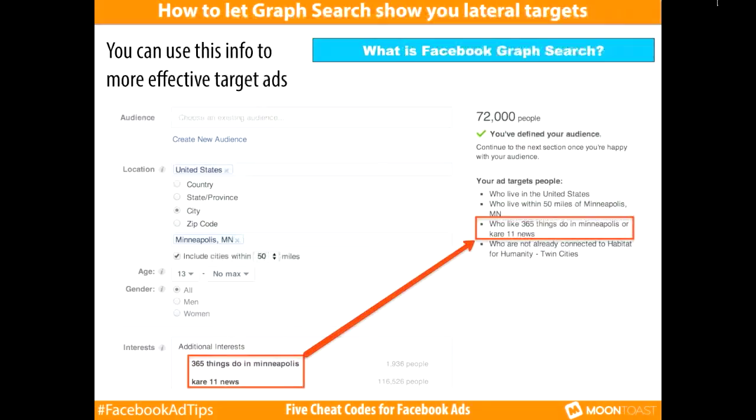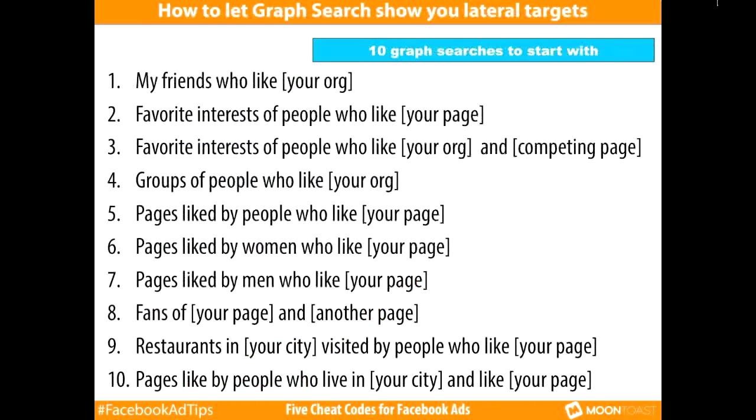So this would be an ad where you're reaching out and trying to acquire new Facebook fans. Okay? These are searches that you can start with, so you can literally copy these search strings, enter your page where it says, and you can get this information on Facebook.